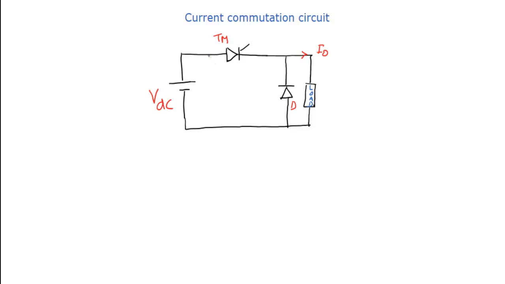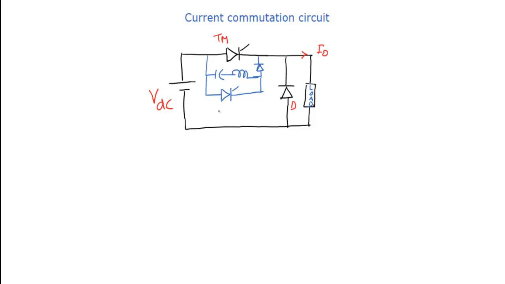In this case also a capacitor will be there, then an inductor, one diode here, and next an auxiliary thyristor which will be connected across the LC circuit.